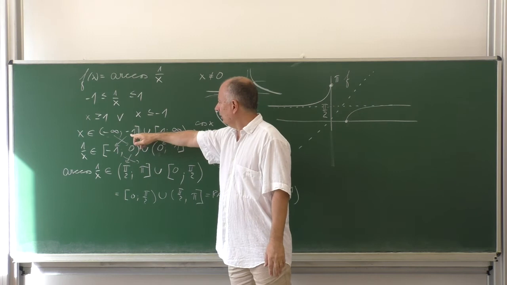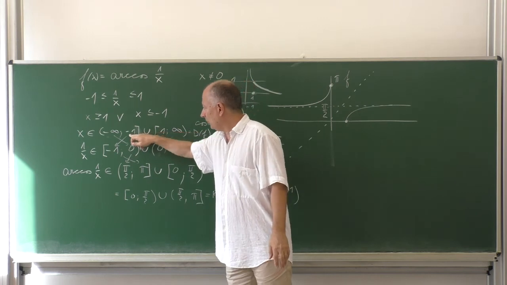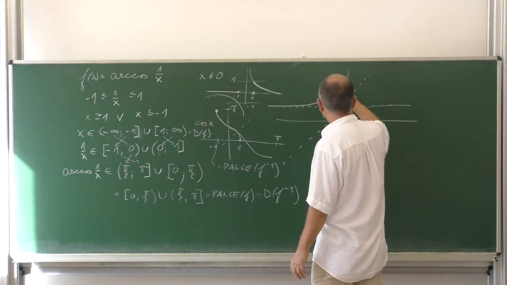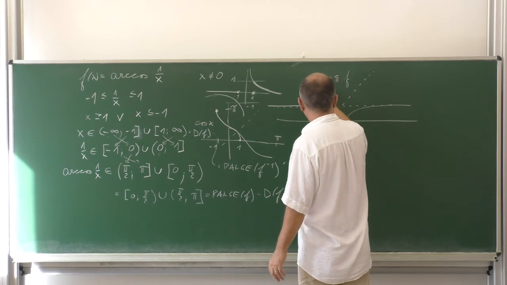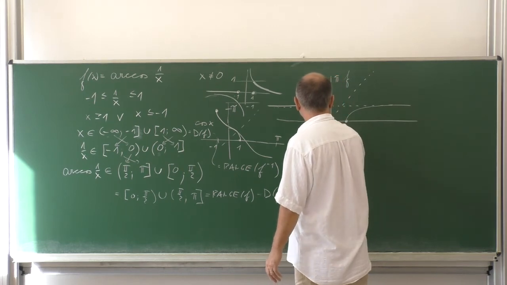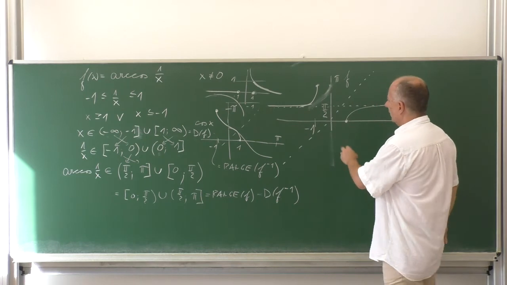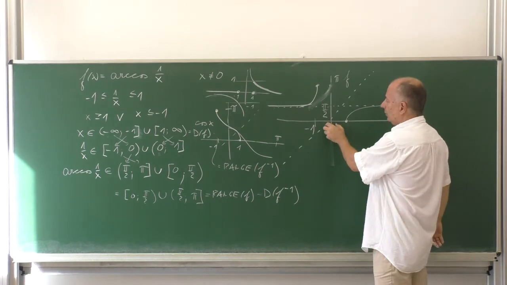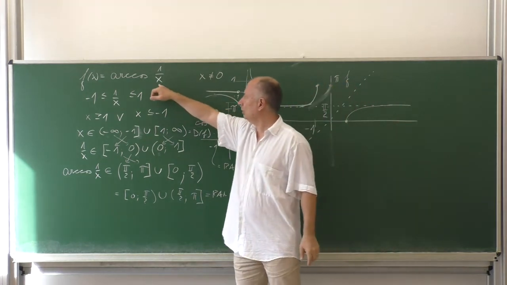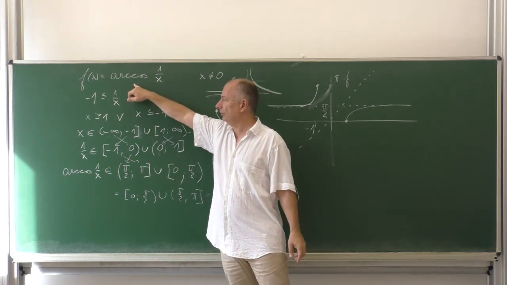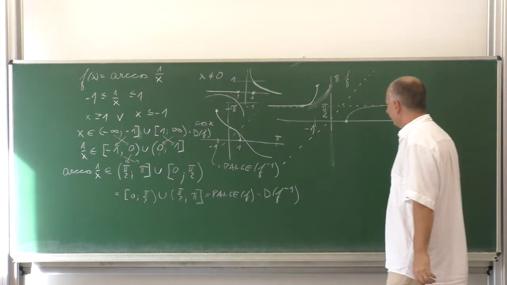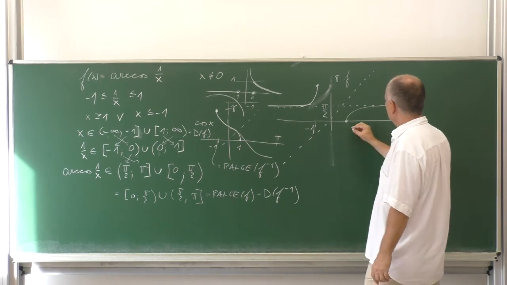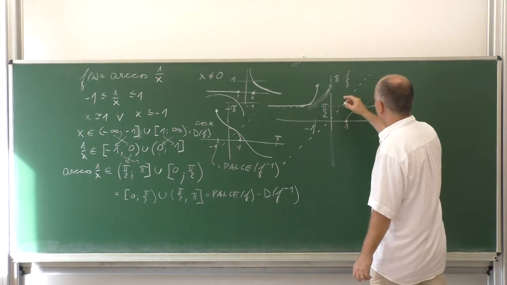X goes from minus 1 to minus infinity, so it's like that. I'm sorry. For x values close to 0, the fraction would be too large, unacceptable for arc cosine. And so this is 1 and minus 1, and this is 0 and pi.